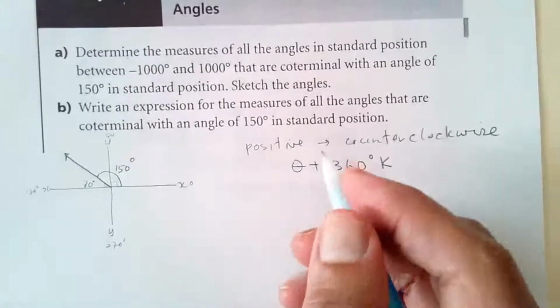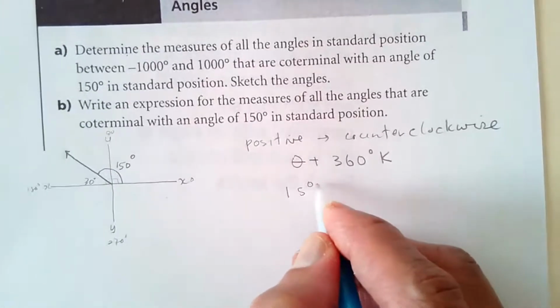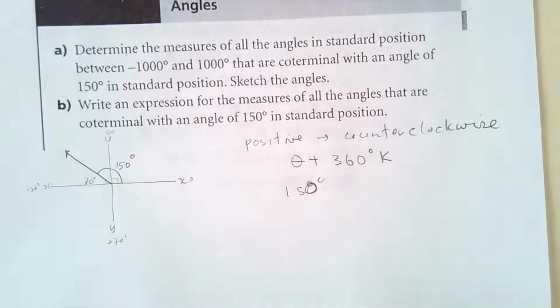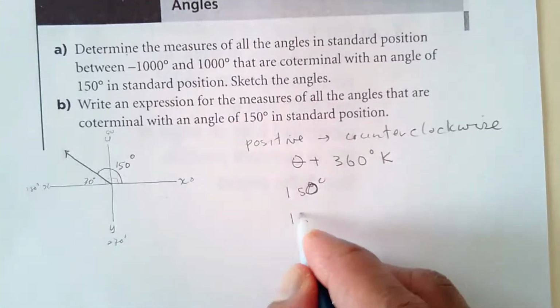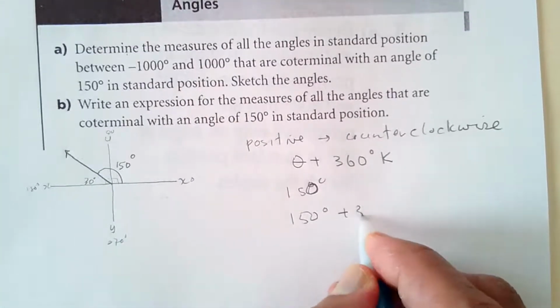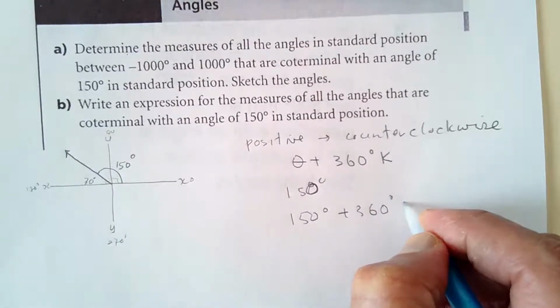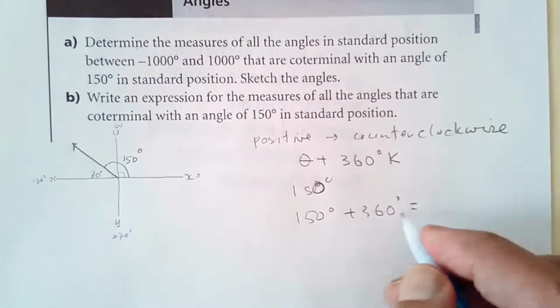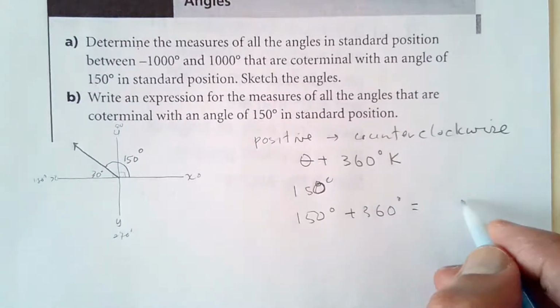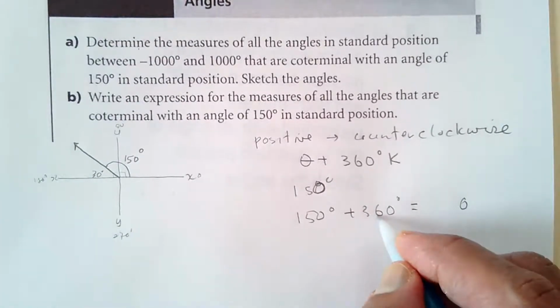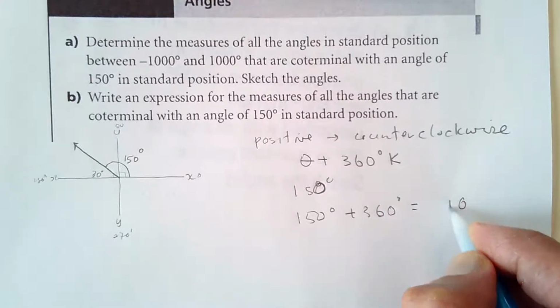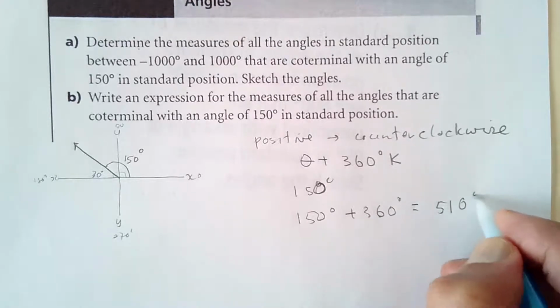We know the first one is 150 degrees, it's given. The next would be 150 degrees plus 360 degrees, which gives 510 degrees.